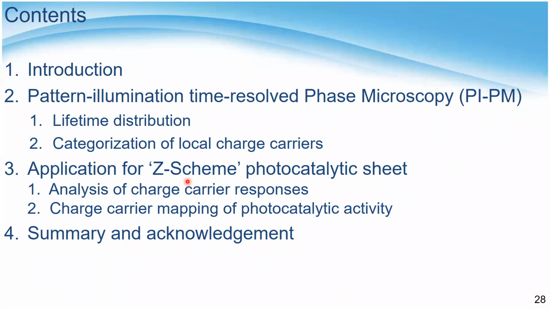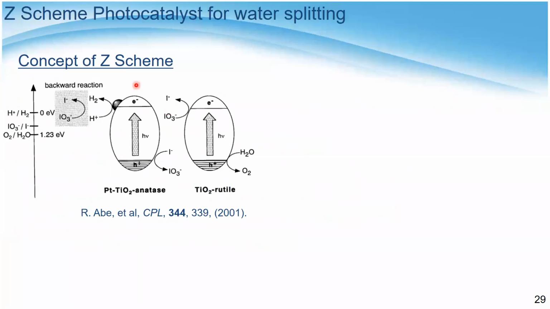And then this method was applied to this Z-scheme photocatalytic material. The concept of this scheme was first found by Professor Abe, where two different semiconductor materials were used and charges are transferred via a redox mediator, enhancing the whole photocatalytic water splitting.